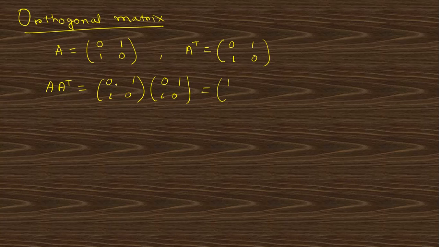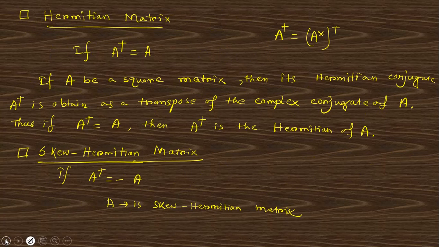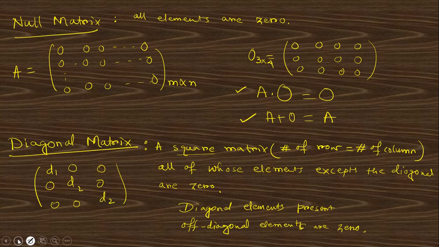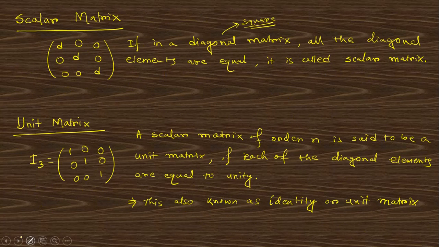So this will be 1, 0, 0, 1, that is the unit matrix of order 2. 0 times 1 plus 1 times 0 is 0, 1 times 0 plus 0 times 1 is 0, and 1 times 1 plus 0 times 0 is 1. So this is nothing but the unit matrix with order 2, I is the unit matrix.